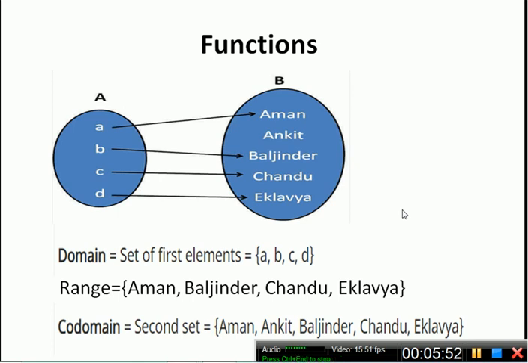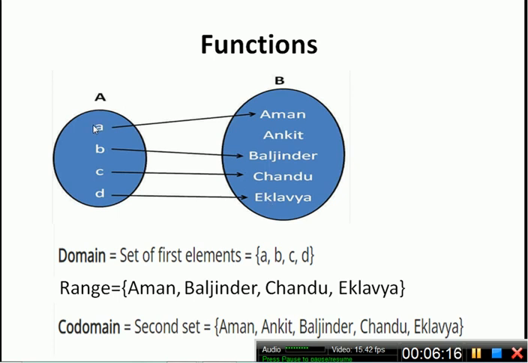Range is the output. So here A is pointing to Aman, B is pointing to Baljinder, C is pointing to Chandu, D is pointing to Ekalavya. These are the outputs. This is called the range: Aman, Baljinder, Chandu and Ekalavya.